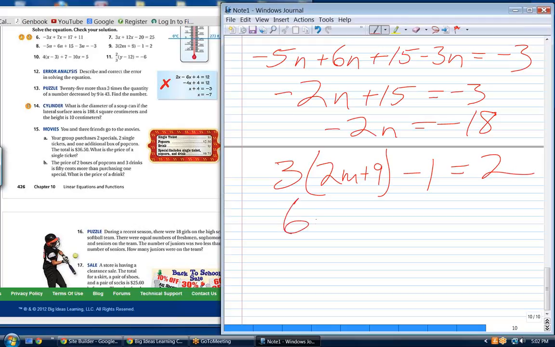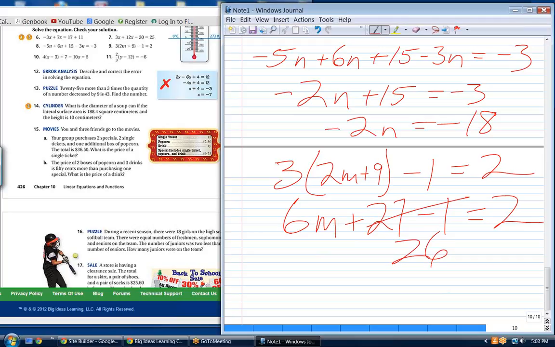So if we distribute that, we get 6m plus 27 minus 1. Okay. And then now you add 1 and get, oh wait, no, now you add like terms. Okay. And yeah.